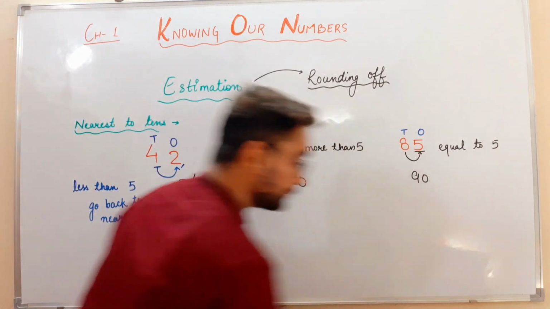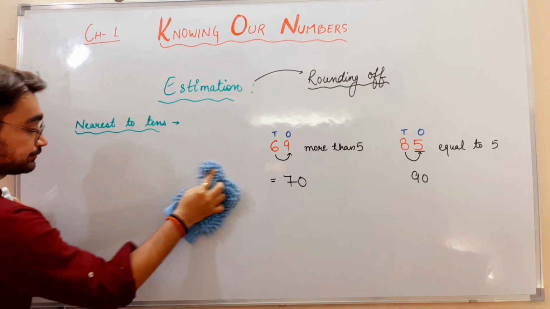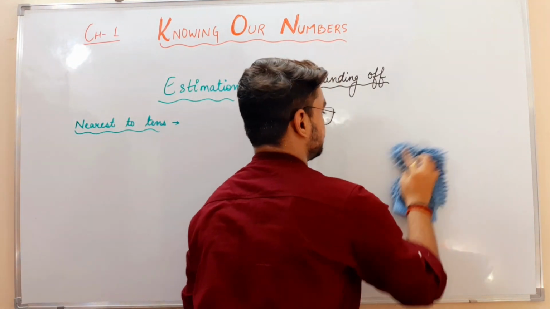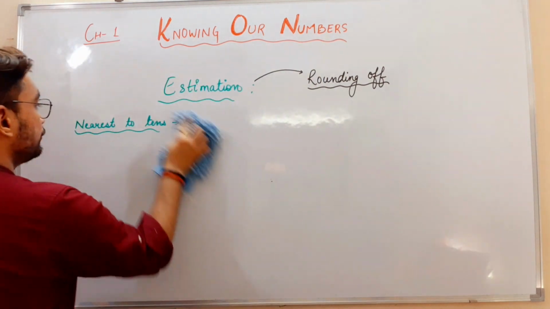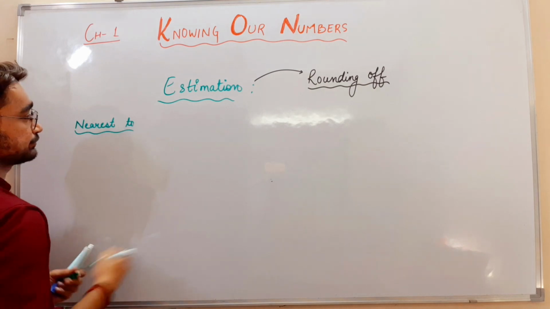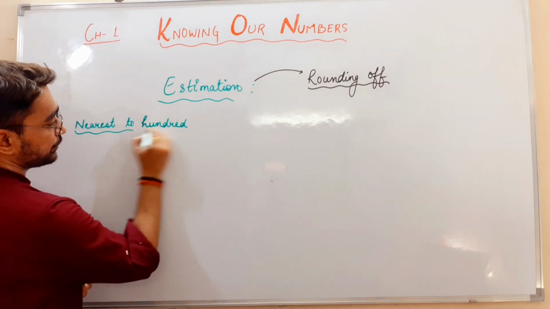Now let us see rounding off to nearest 100. Rounding off to nearest 100. How to do this one?